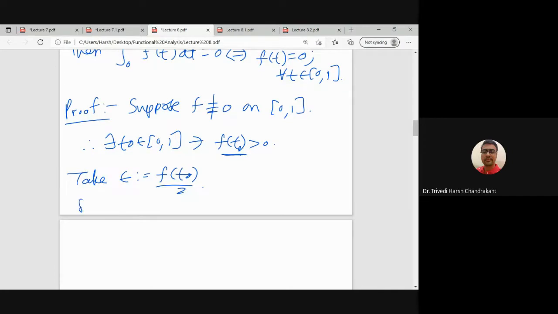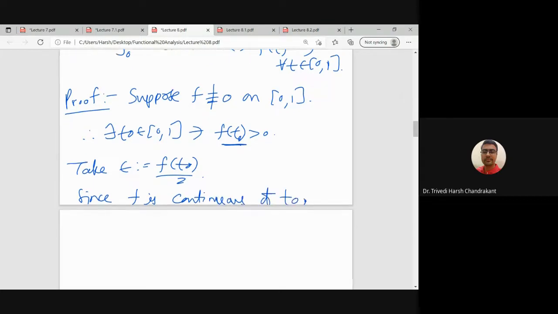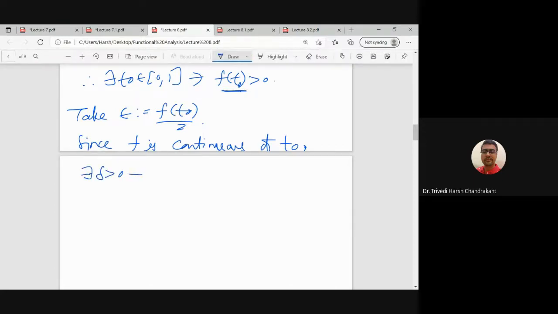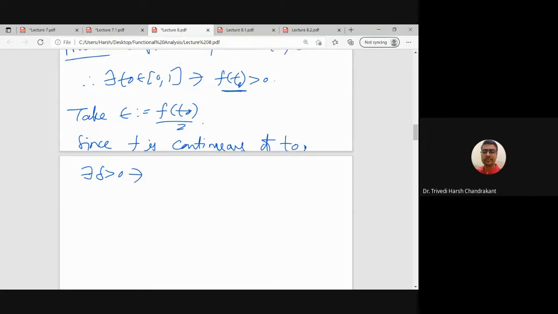And since f is continuous, there exists delta greater than 0 such that, by the definition of continuity at t naught, whenever |t minus t naught| is less than delta, then we get |f(t) minus f(t naught)| less than epsilon, but epsilon is essentially f(t naught) by 2.